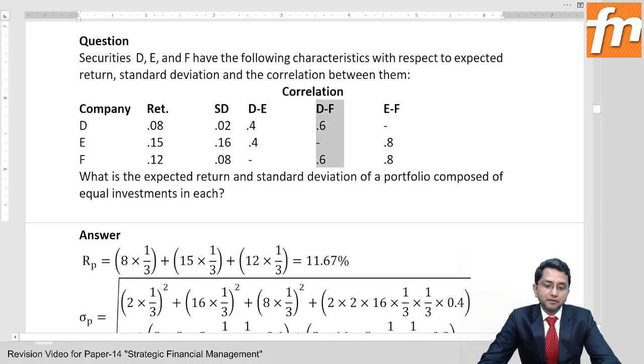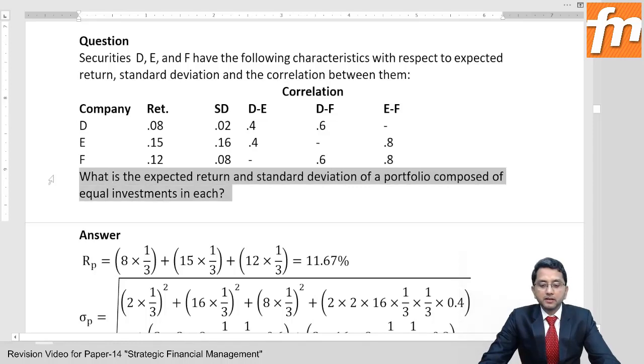Between D and F is 0.6, that is correlation between security 1 and security 3. And between E and F, it is 0.8, the correlation coefficient between security 2 and security 3.